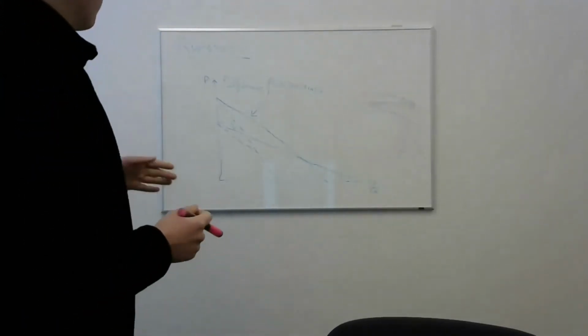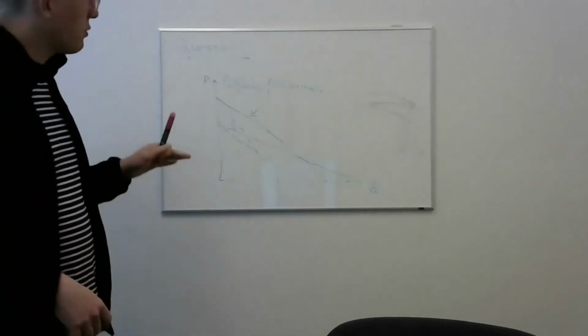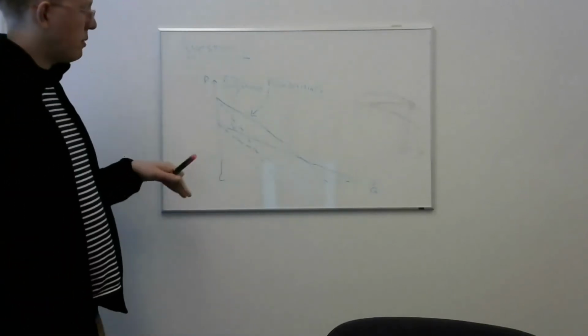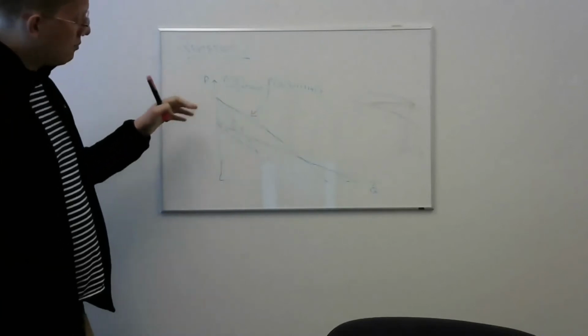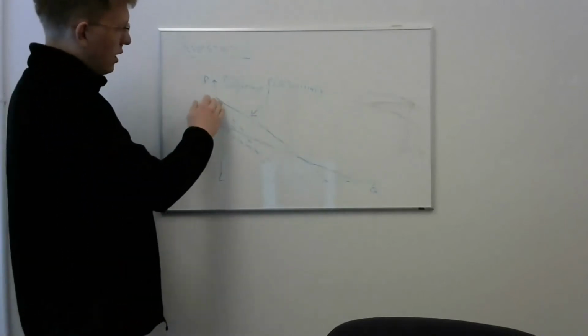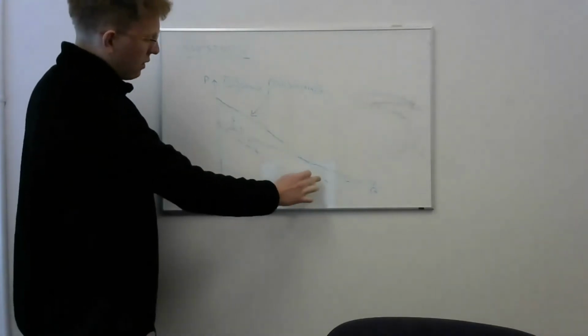So I've returned to this diagram that I drew on the board. I've erased some of the notation to make things a little bit easier to follow. But again, at first we had P of Q, so this line right here.